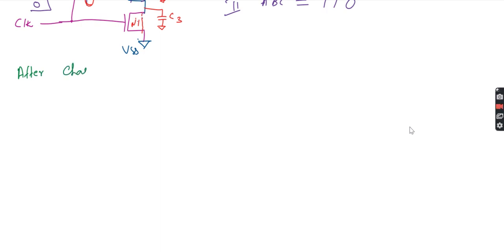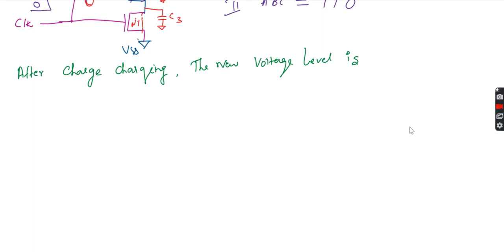After charge sharing, the new voltage level is, okay, now what will that be?